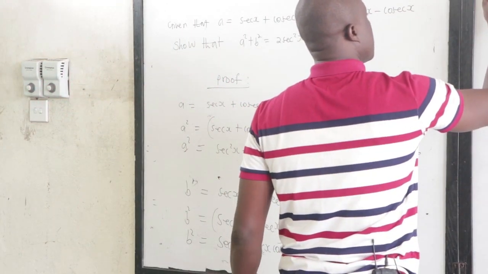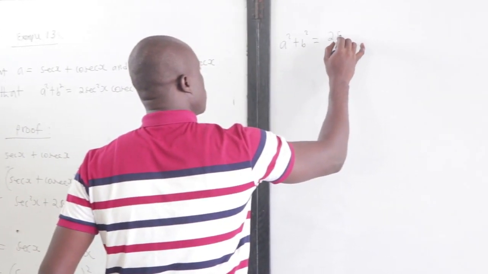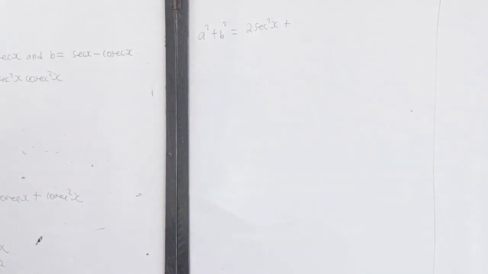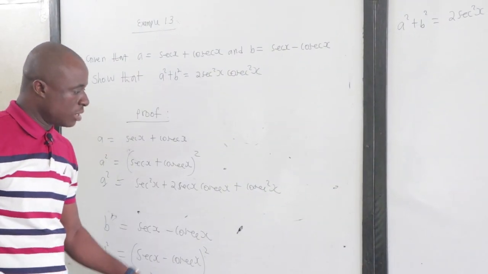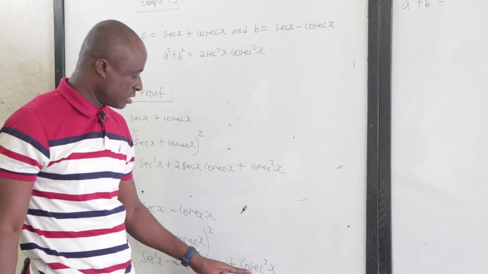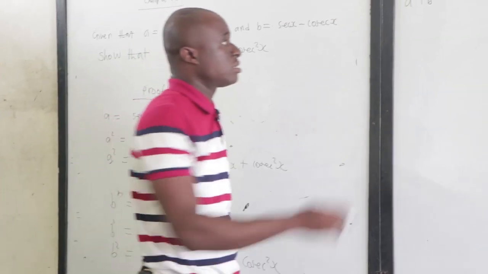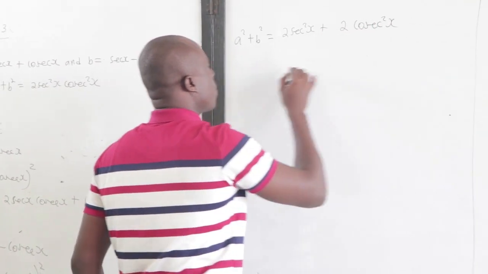So you have 2 sec square x plus 2 cosec square x.